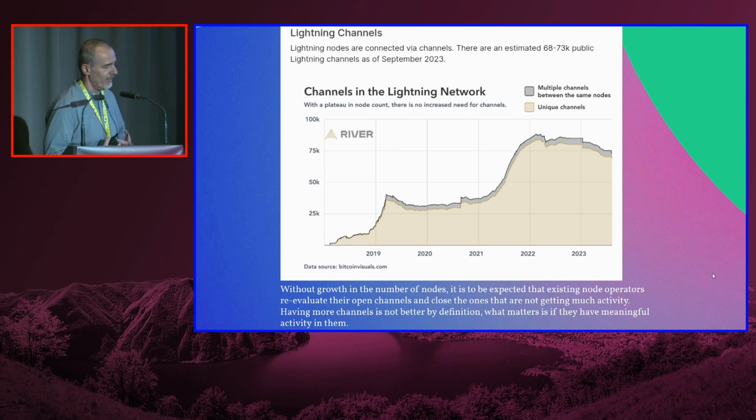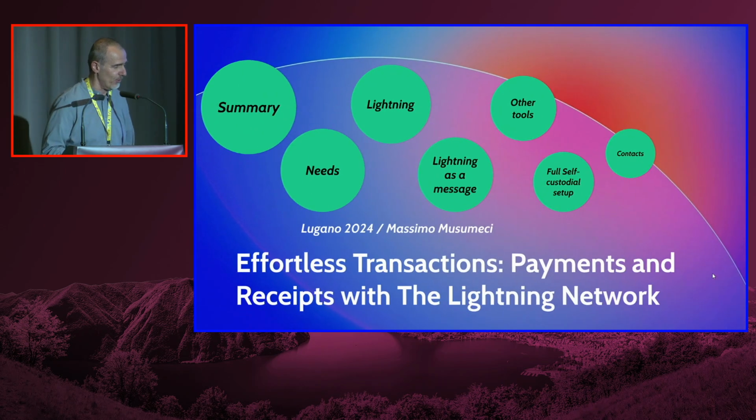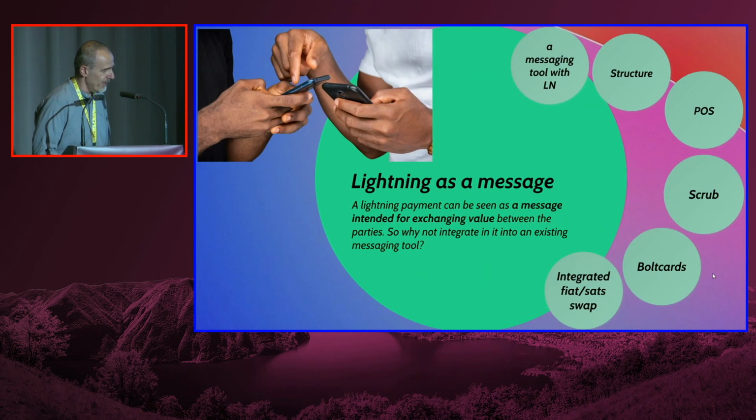And so we are in a situation where we have fewer channels with better interconnectivity and liquidity. So this is not bad for the network, but is a good situation.